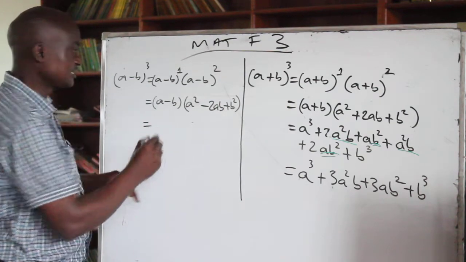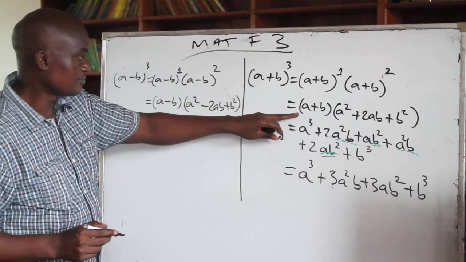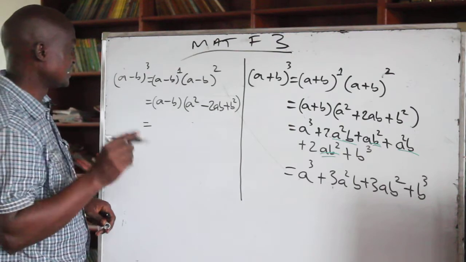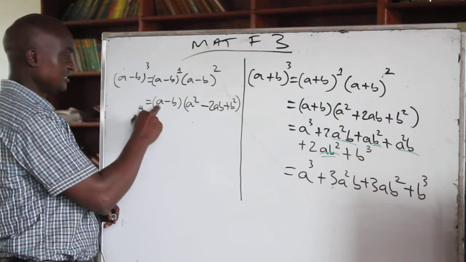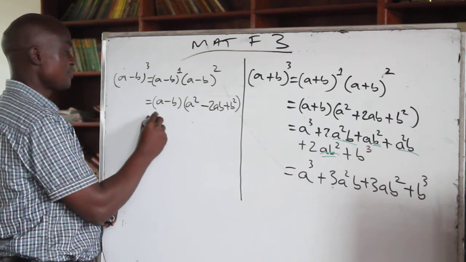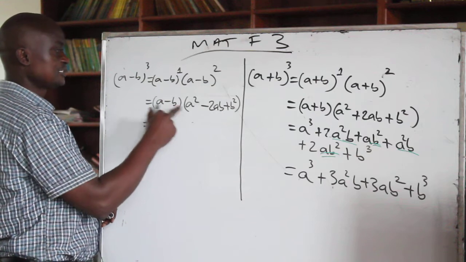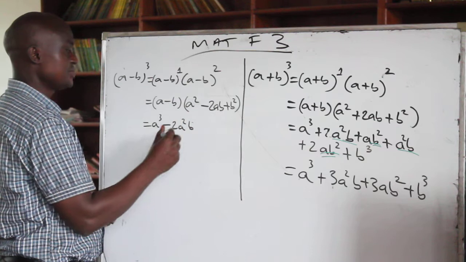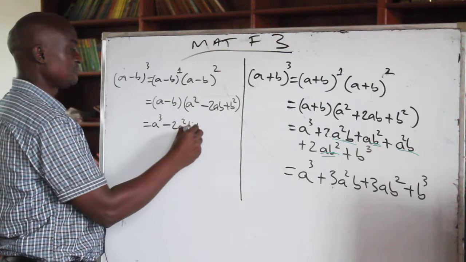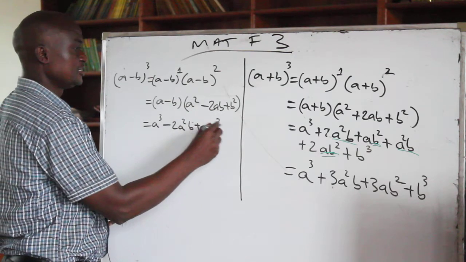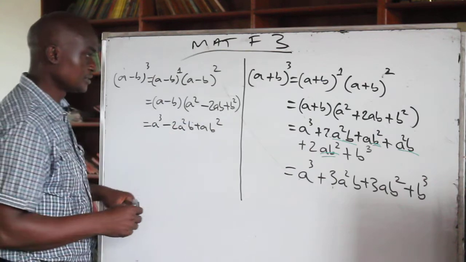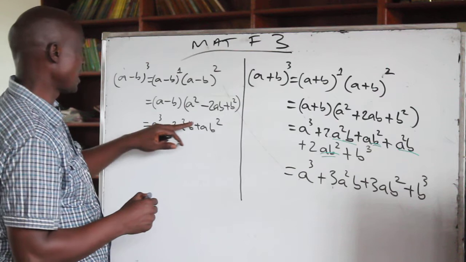Then we do the same thing as we did here. We now multiply this by that. We are going to get an interesting observation. This by this will be a power 3. This by this is minus 2a squared b. This by this is plus ab squared.